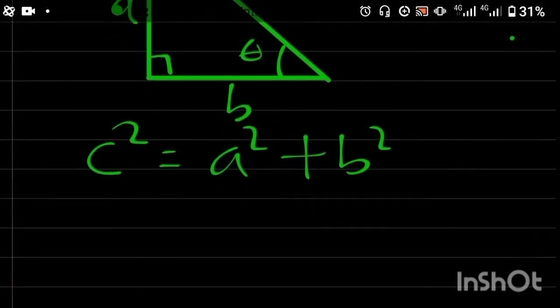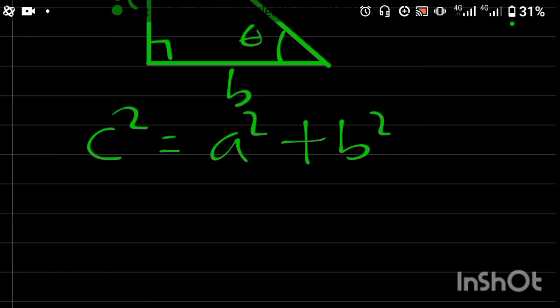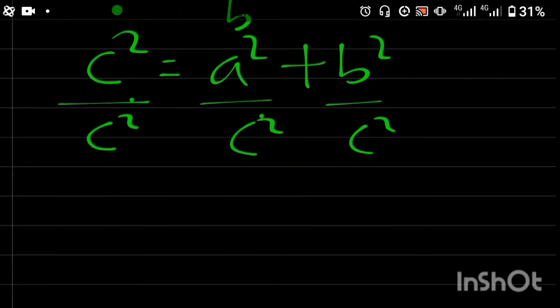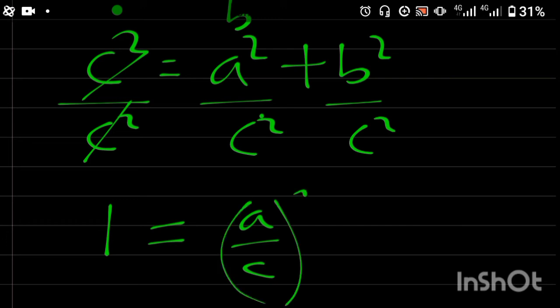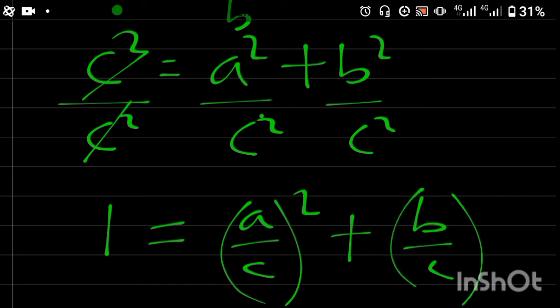Now let's divide this expression through by c square. I have c squared over c squared, which is 1, equal to a over c squared plus b over c squared.